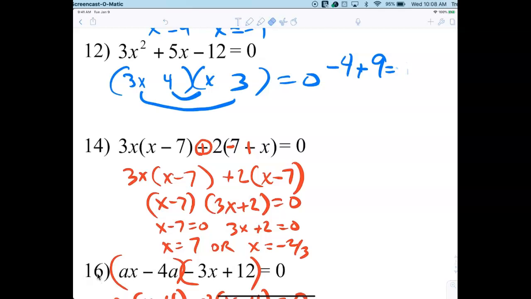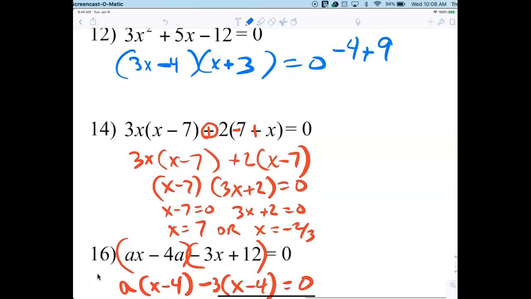So I need it to be +9. The way to make it +9 is with this being positive and this being negative. A lot of people make a mistake. They just put 4 as the positive because that's the bigger number. But remember, there's a combination going on. You with me?